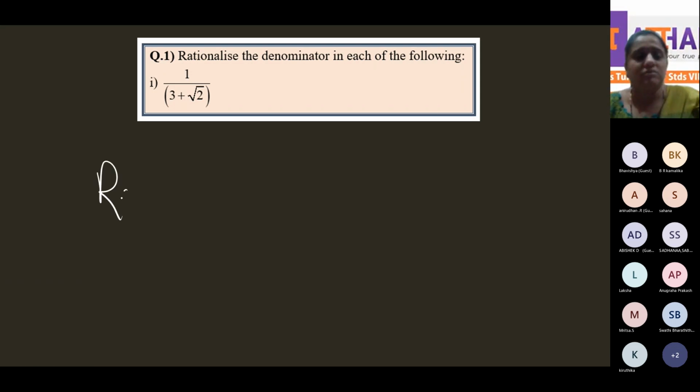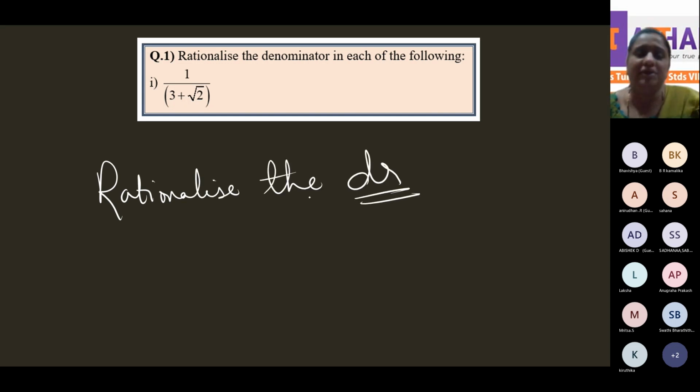Rationalize the denominator, meaning the denominator is irrational. You will have to rationalize it. See the denominator, 3 plus root 2. Root 2 is irrational, so 3 plus root 2 is irrational.